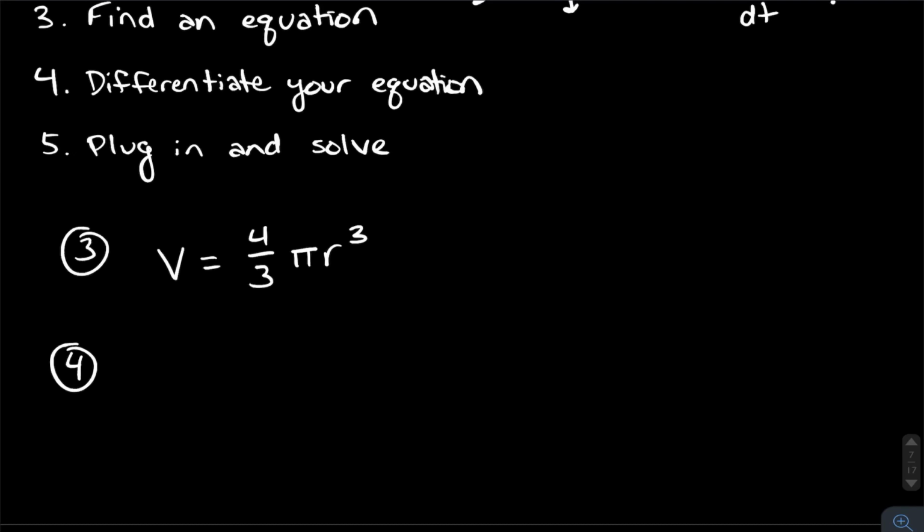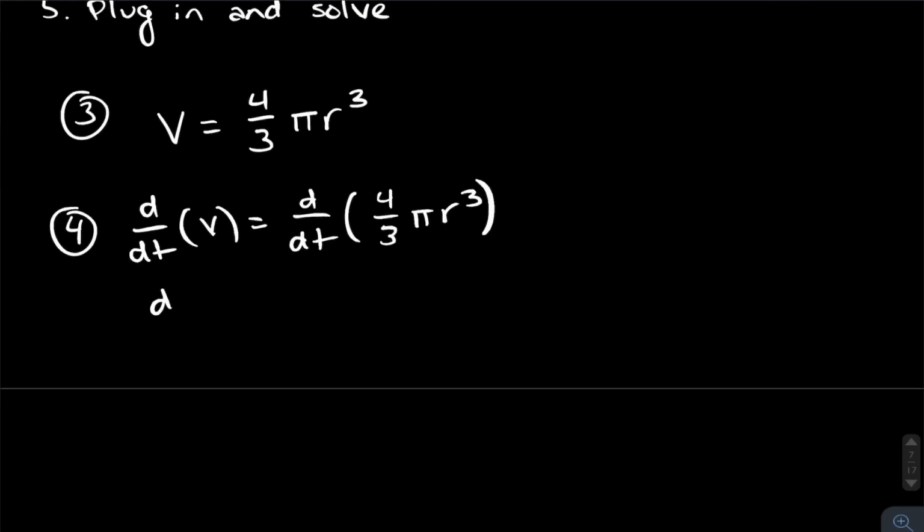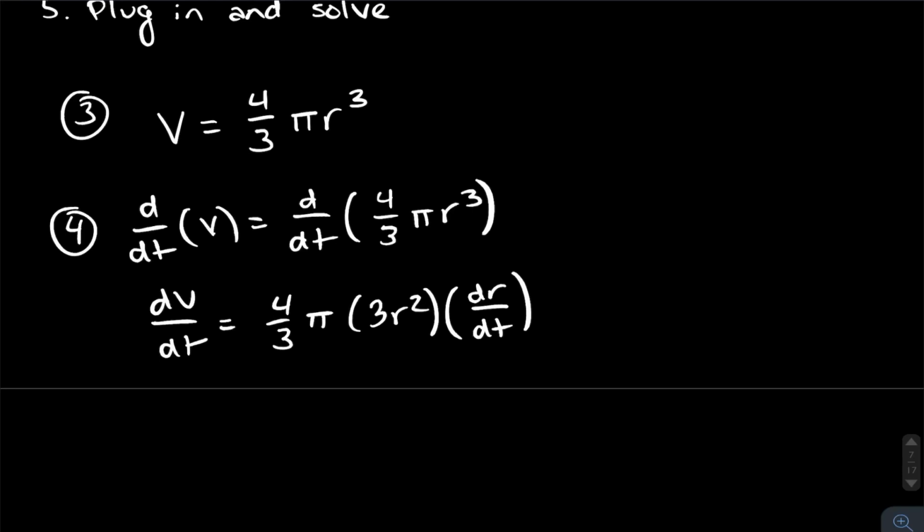So we differentiate with respect to time on both sides. I'll write it out as such. And then again, it's just going to be dV/dt equals 4/3 pi times 3r squared, and then we have to multiply by that dr/dt, right?